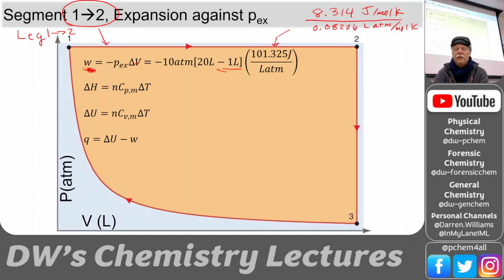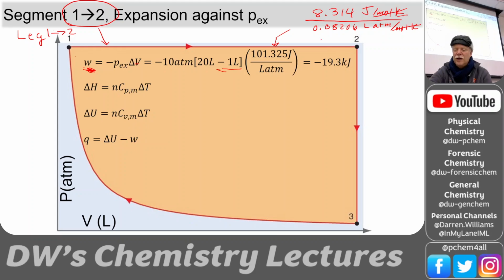This is a shortcut if you can't remember it, 101.325. The per mole Kelvins cancel, and you have the joules per liter atmospheres, and you take 8 divided by 0.08, and it's about 100, 101.325 to be exact. And so that's our conversion from liters atmospheres to joules.